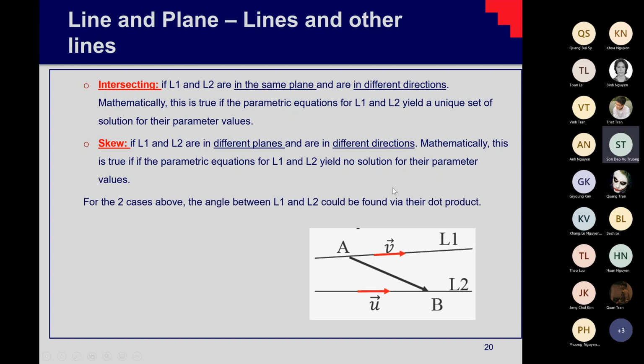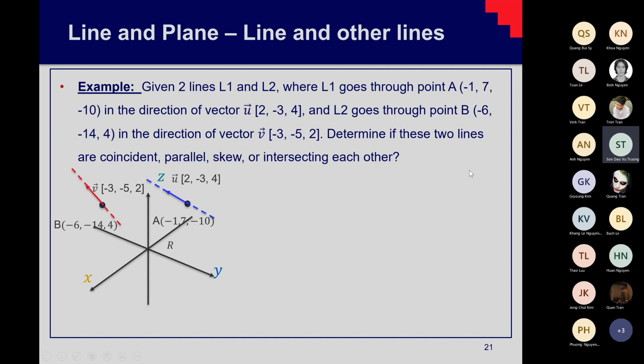For the above two cases, the angle between L1 and L2 could be found by using their dot product computation. Let's do one example to illustrate the concept. Let's say we have two lines, L1 and L2. L1 goes through the point A (-1, 7, -10) in the direction of the vector U, having components (2, -3, 4).